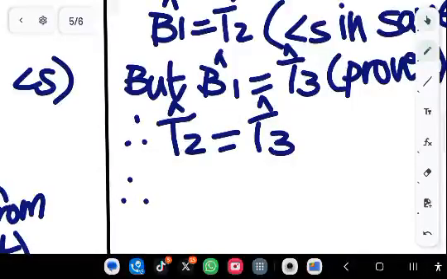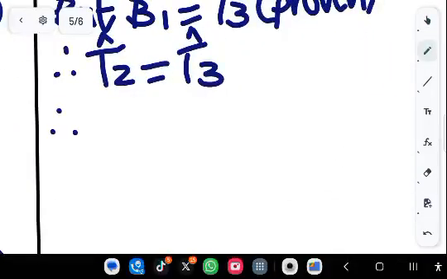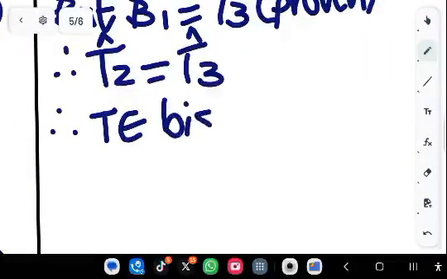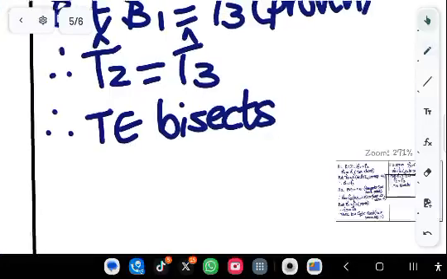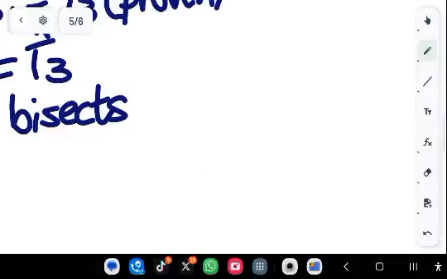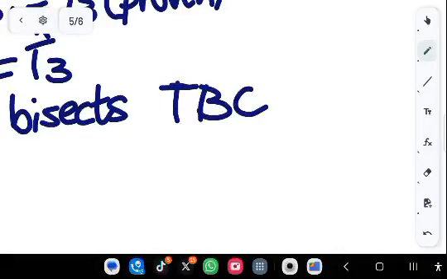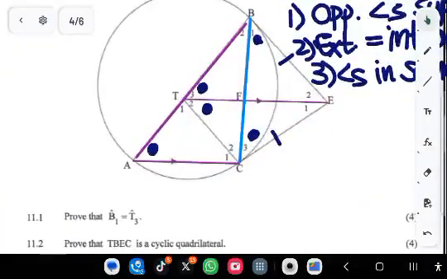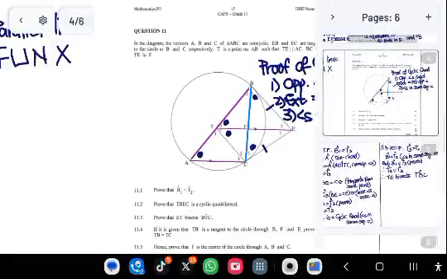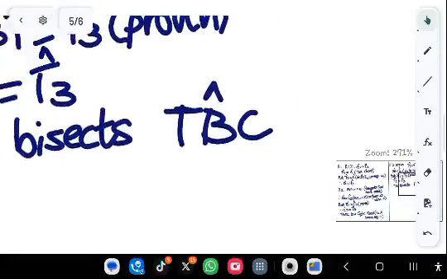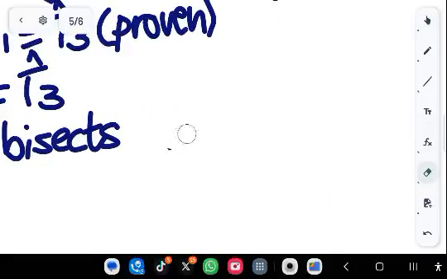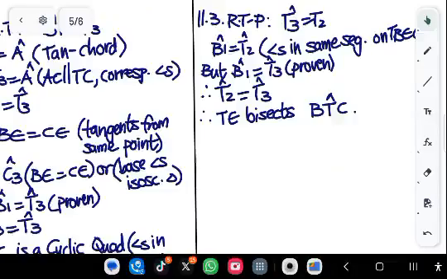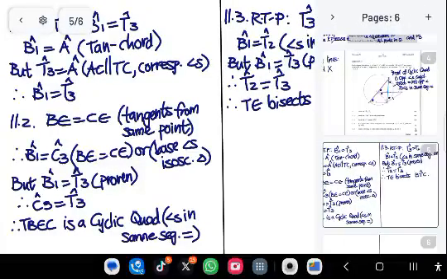Meaning that, therefore, TE bisects angle BTC. Bisects means it must cut it in equal halves. There, we've proven that.